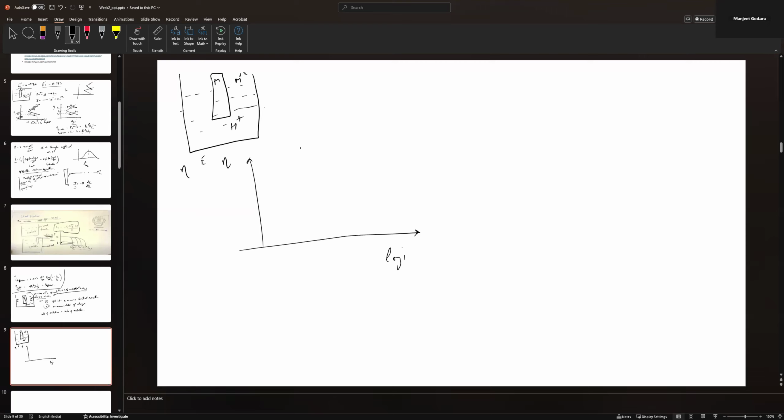For hydrogen, the standard reduction potential is zero. So here is hydrogen. It would have some exchange current density. If you increase the potential, you're oxidizing the hydrogen: half H2 becomes H plus plus electron.